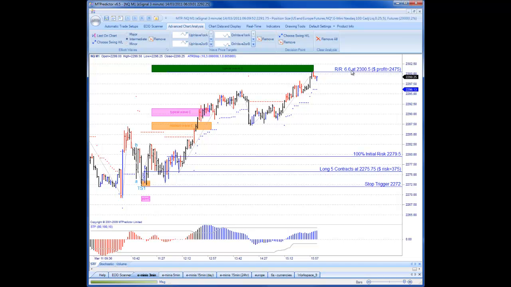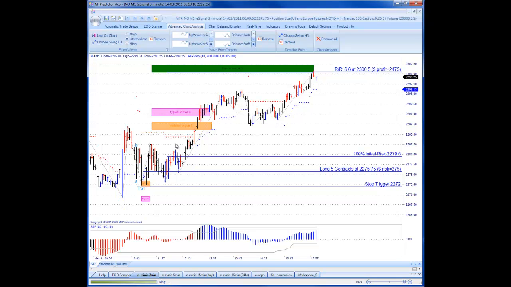But the point being is, this was yet another example of our Holy Grail setup where we have an important low unfolding. This was our DP on our 15-minute. We had the initial rally off that. We then had the initial correction unfolding as a TS1 setup, which is our A, B, C correction.